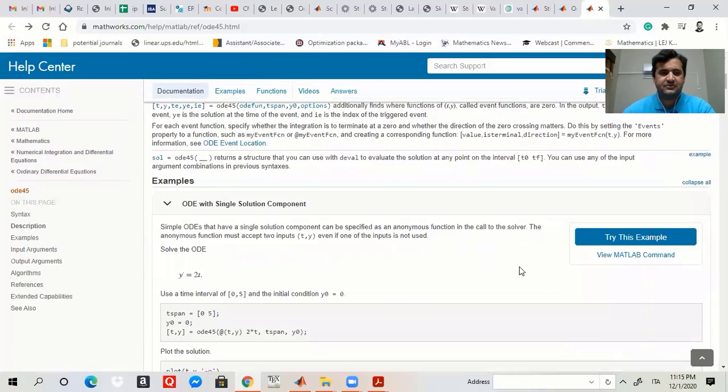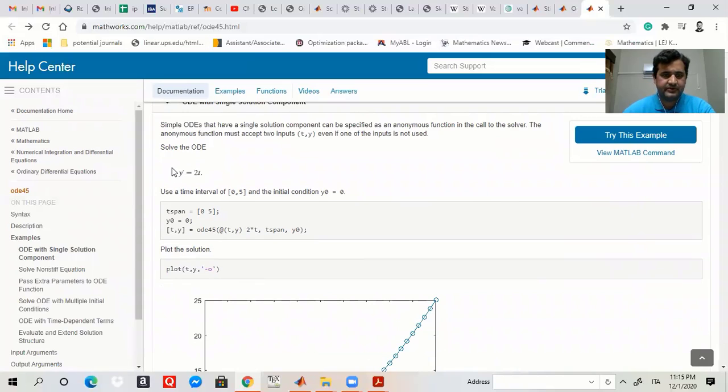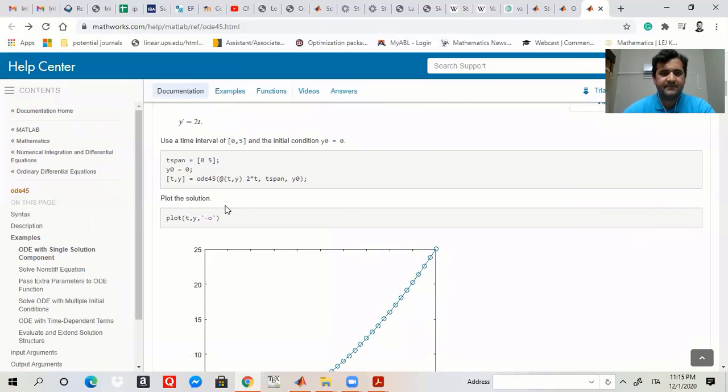Okay, so for instance, we can take one simple case. Here is a simple ODE, y prime is 2t, and then you can take some time interval and initial conditions.